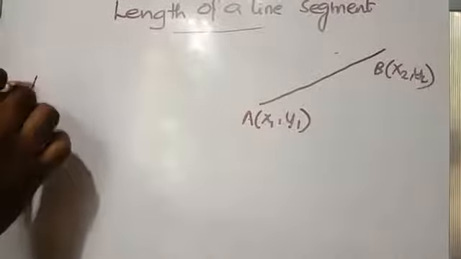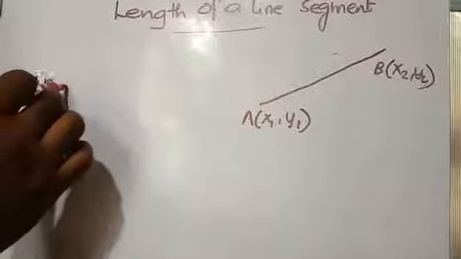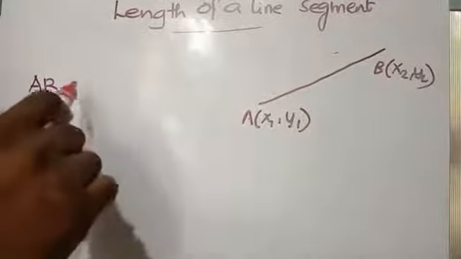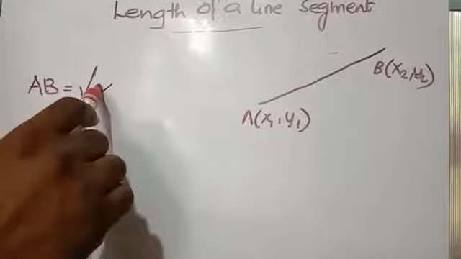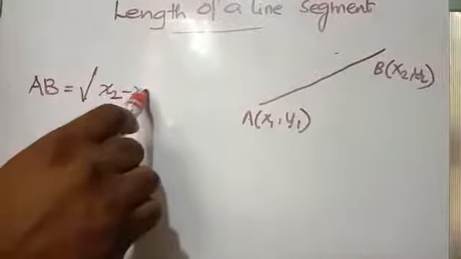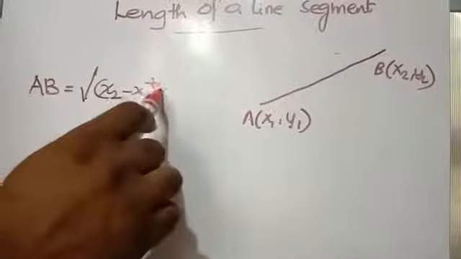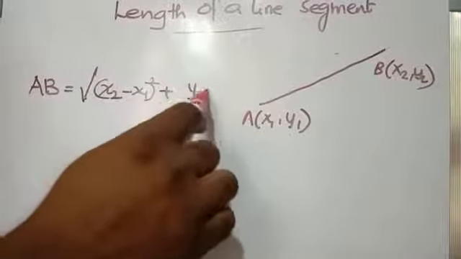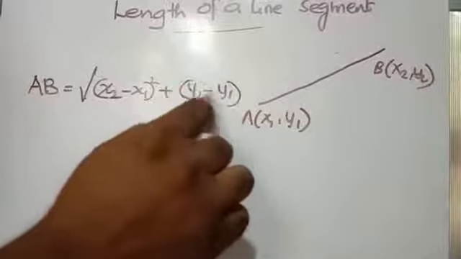The length of the line segment AB is equal to, under the root, x2 minus x1 the whole square plus y2 minus y1 the whole square.